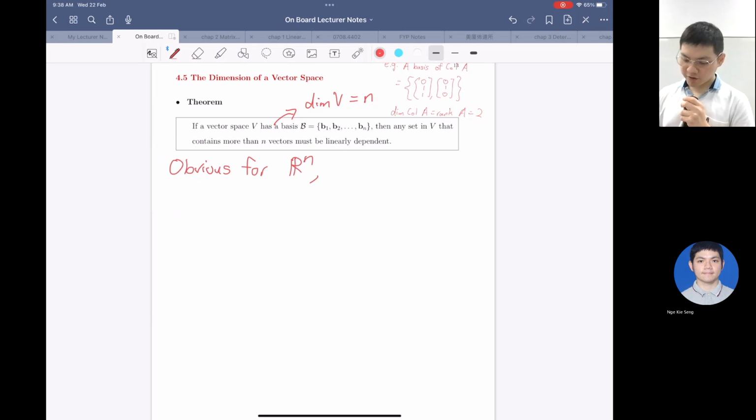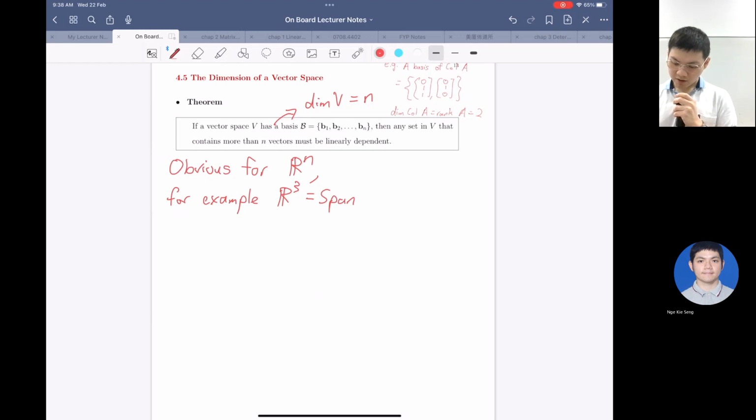Let's say for R3, the basis is the span of E1, E2, and E3.